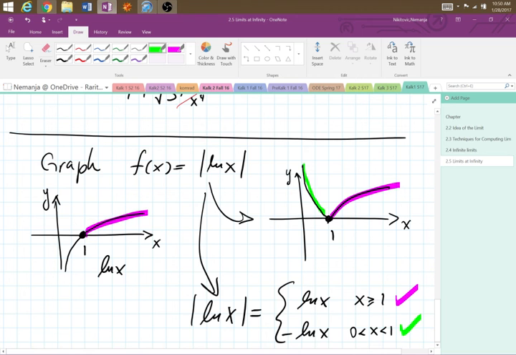Can you take a limit of something like this? The answer is hell no. Can you take limit over here? Yes, right? Because you take each line separately. So when you have these piecewise functions, each piece is a separate item, and then you take limit separately.